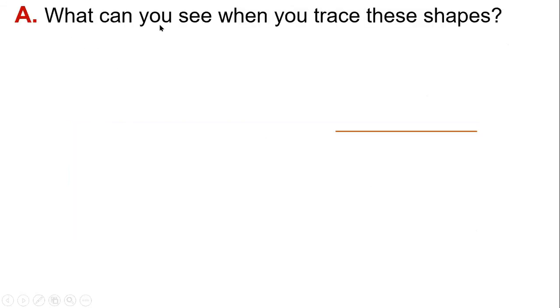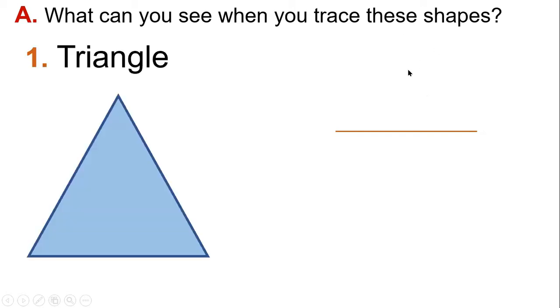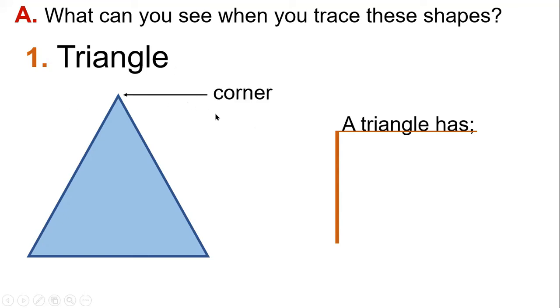So, what can you see when you trace these shapes? Look at this. We have a triangle. Now, when you trace out this triangle, you will see that it has got some corners. This one, we call it a corner.